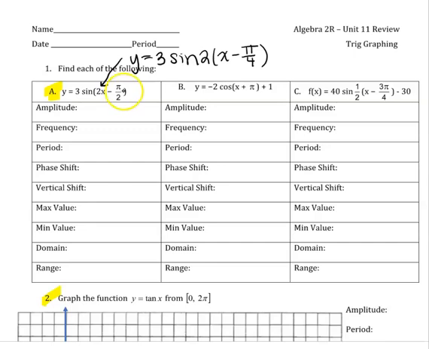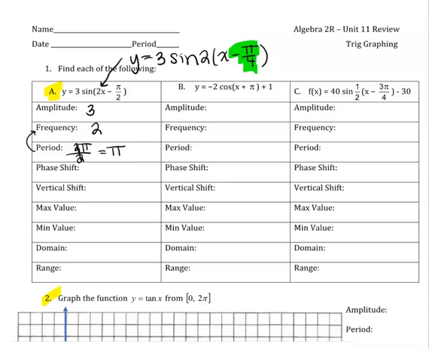And that's what pi over 2 divided by 2 is, or pi over 2 times 1/2. Amplitude is this leading coefficient of 3. Frequency is 2. And the period is 2 pi divided by the frequency, which is pi.